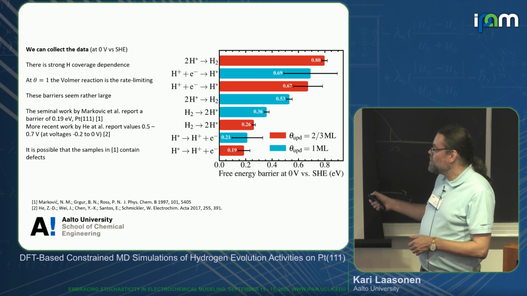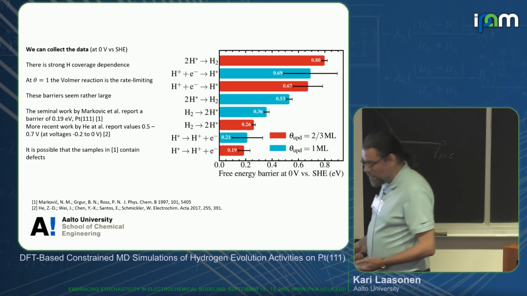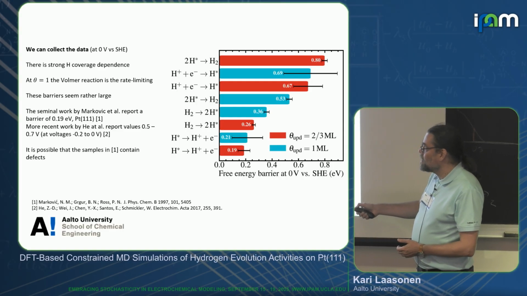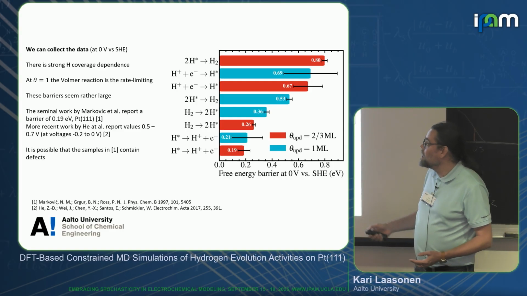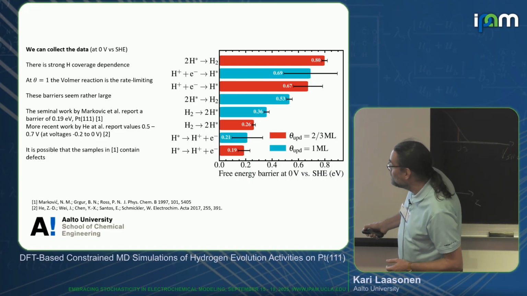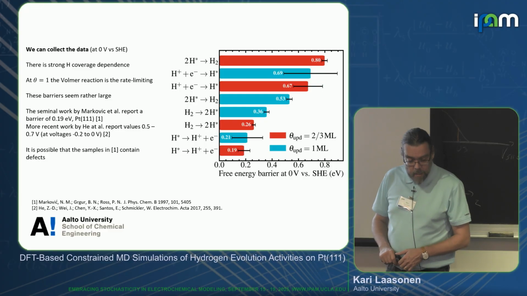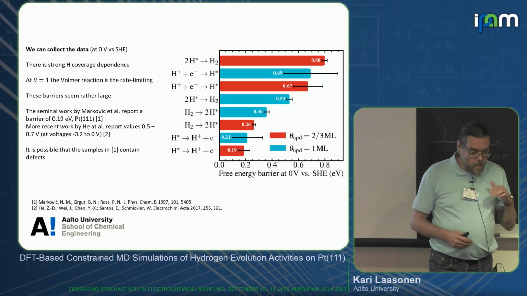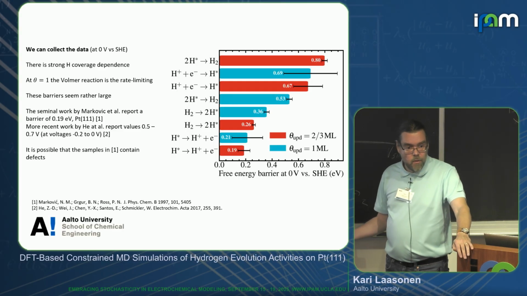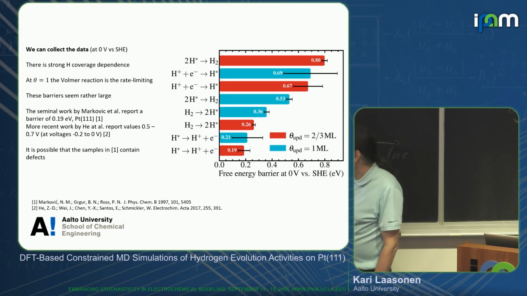And these barriers, when we got them first, we thought they were pretty high, because there's this very important or seminal work of Markovic and others, who did this experimentally in the 90s. They claim that the barrier is fairly low, something like 0.2 electron volt.